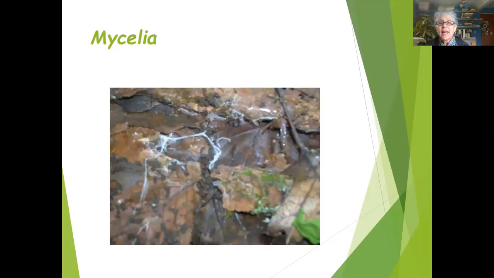Here we see where I have taken off the top surface of leaf litter, exposing the damp, wet, darker leaves underneath, where we can see the fungus growing nicely through this protected, moist environment, creating a network of fungal filaments, which is helping to break down the dead organic material.